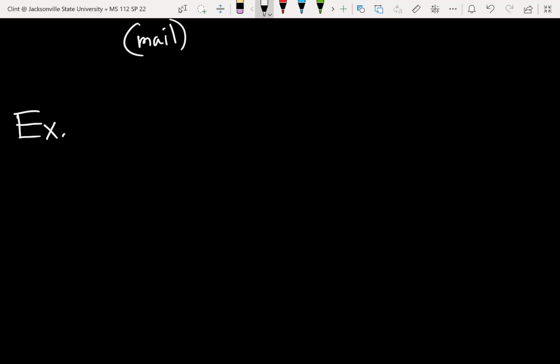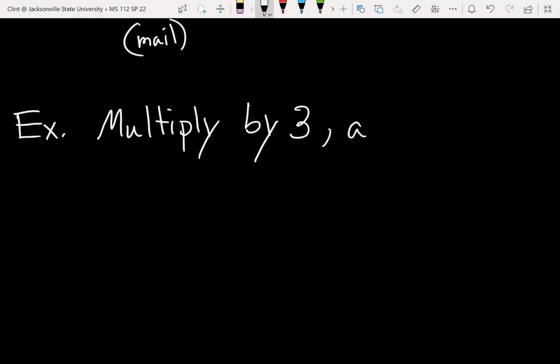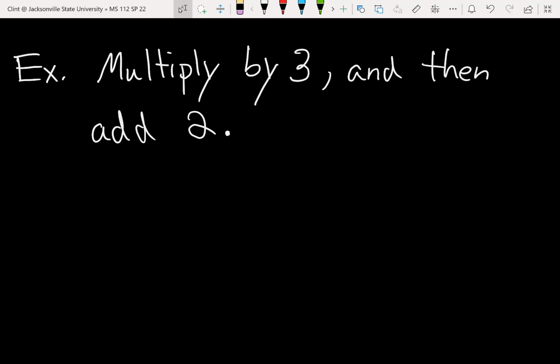So we could have some rule that says multiply by 3 and then add 2. So we'll take whatever input we get, multiply it by 3, and then add 2 to it. So that would be a function, if you check it out.